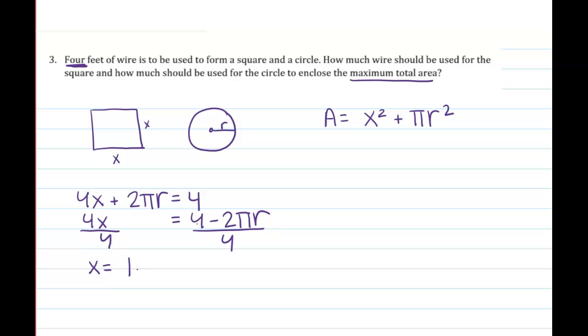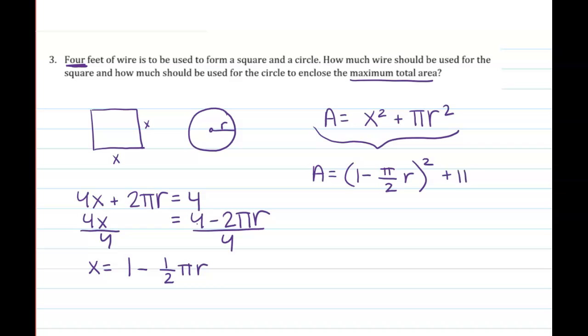So that's going to be 1 minus 2 over 4 is 1/2 pi r. So now I'm going to go back over here and rewrite. So instead of x, we're going to have 1 minus pi over 2 r, squared, plus pi r squared.